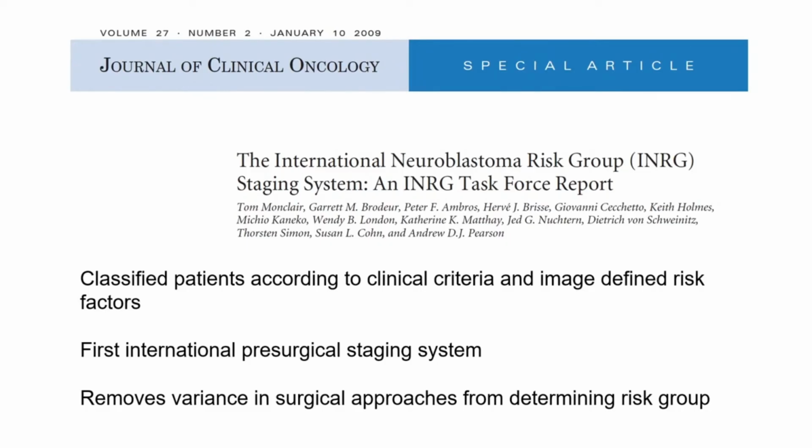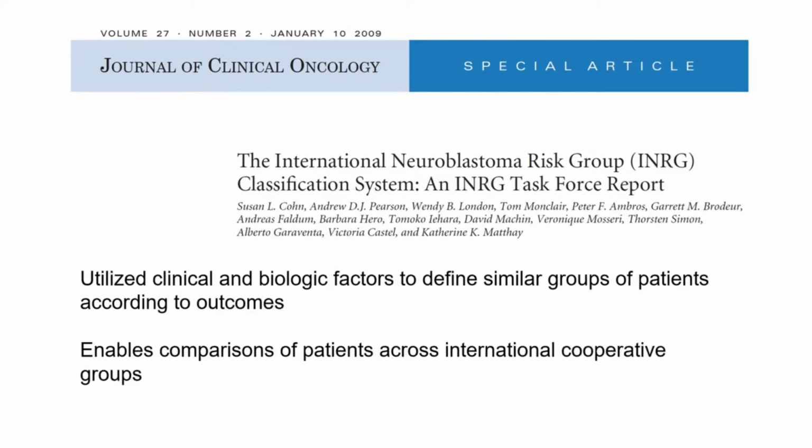This is the first pre-surgical staging system where it mattered more about what the biology and the features of the patient are, and not about the level of your surgeon and their willingness to do a more aggressive operation. And so this was obviously a key for setting up many of the staging systems and risk groupings that have come since.